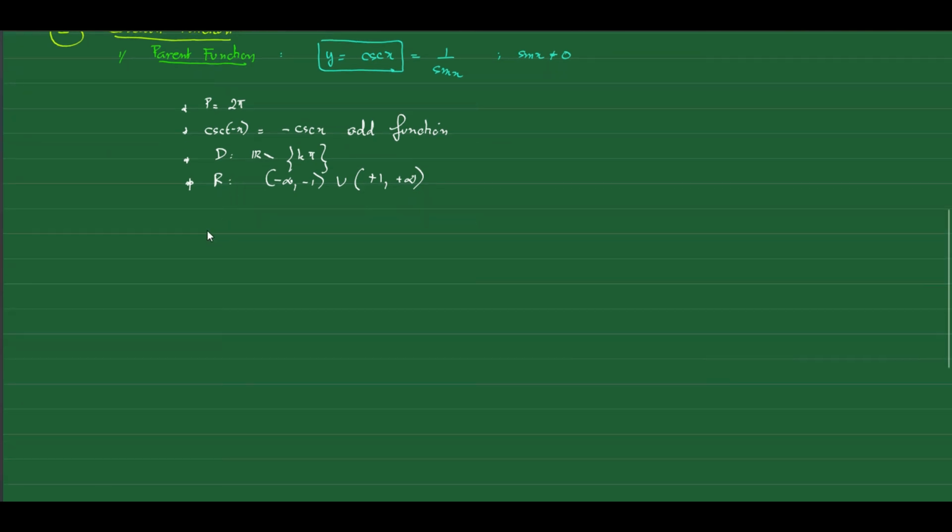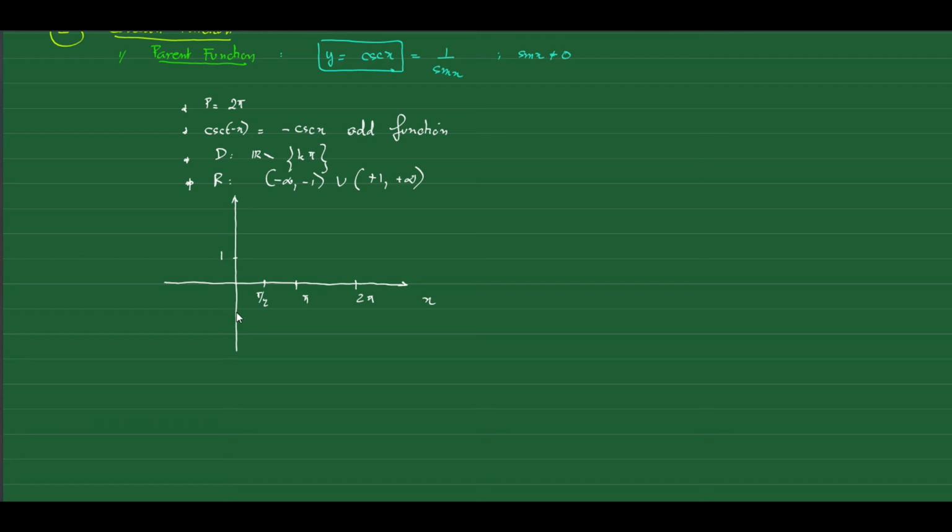Alright, so I'm going to do a quick sketch for you. Because the period is 2 pi, I'm going to go to 2 pi. So let's say 2 pi over here, this is pi, and this is pi over 2. Because it's based on a sine function, we know the sine function will go like this.